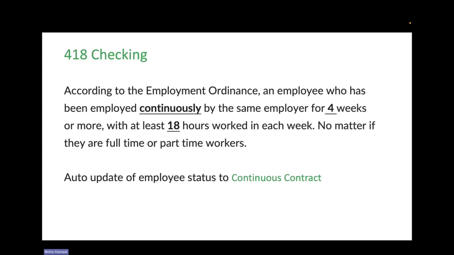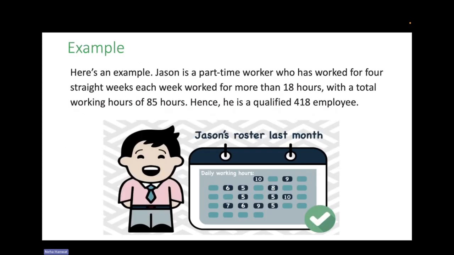Okay, so let me give you an example. Jason is a part-time worker who has worked for 4 straight weeks. Each week he worked for more than 18 hours, and in total he has worked for 85 hours. So if you can see, each week's total is 18 hours or more.